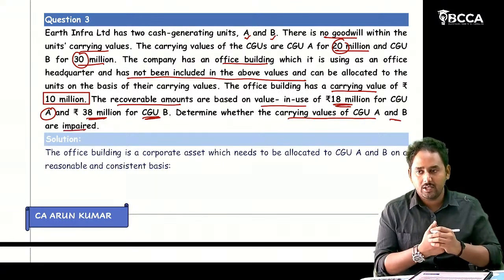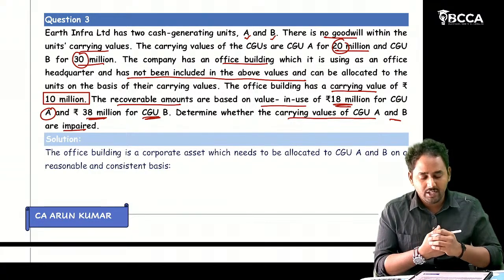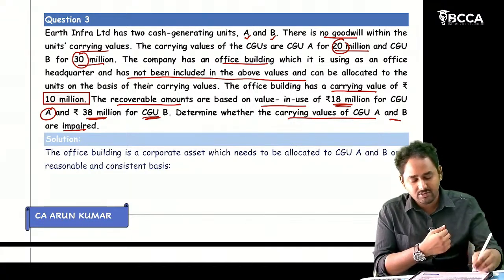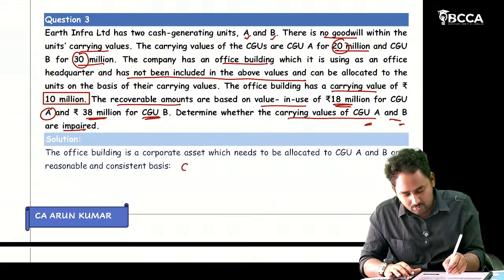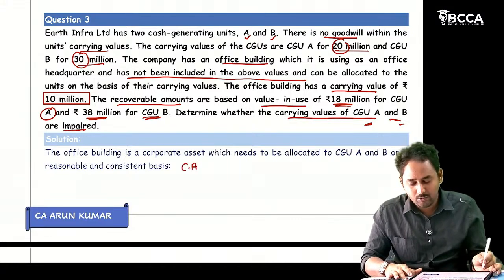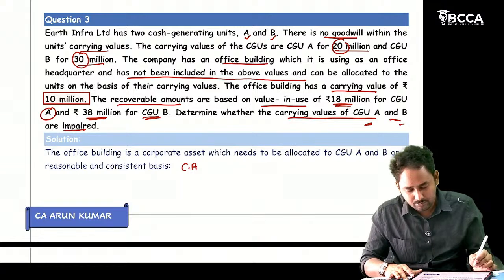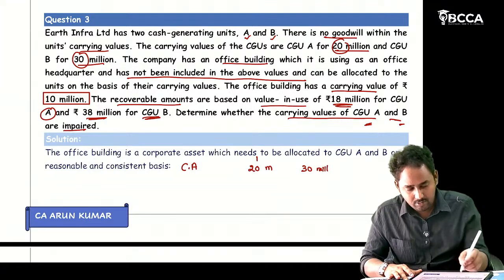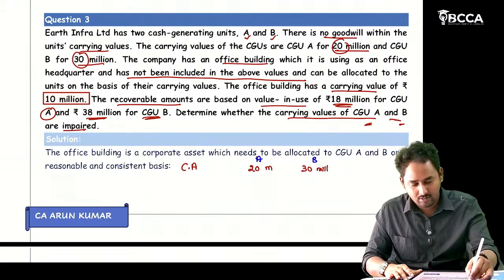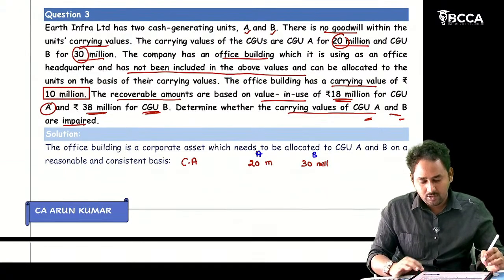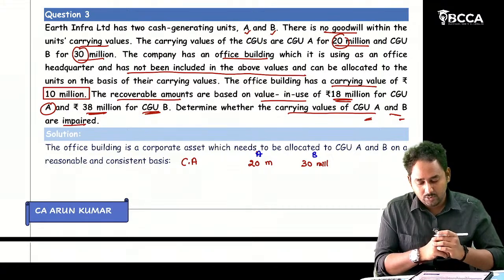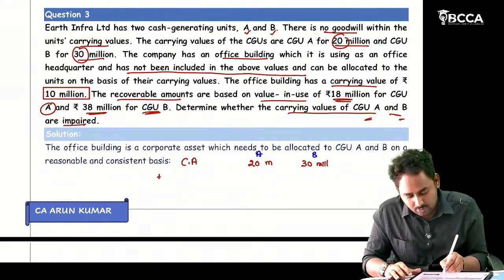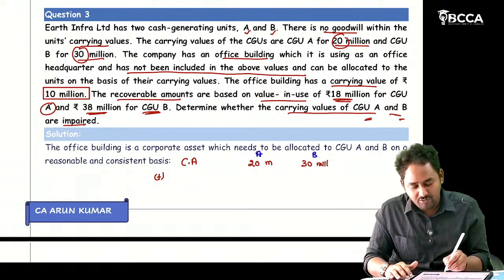After providing for the impairment, what are the carrying values of CGU A and B? Here the carrying amounts are 20 million for A and 30 million for B. I need to allocate the office building.